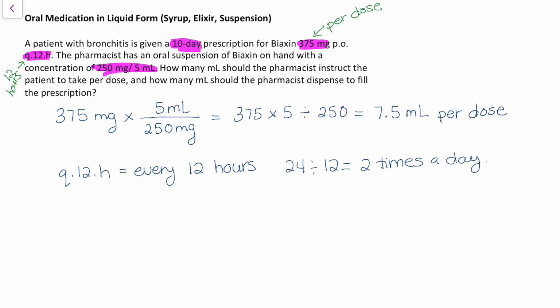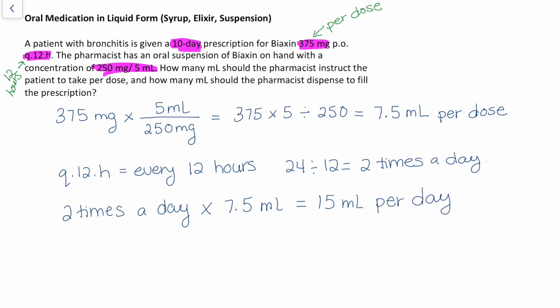So if they're taking it 2 times a day, and they're taking 7.5 milliliters each time, that means they're taking 15 milliliters per day.